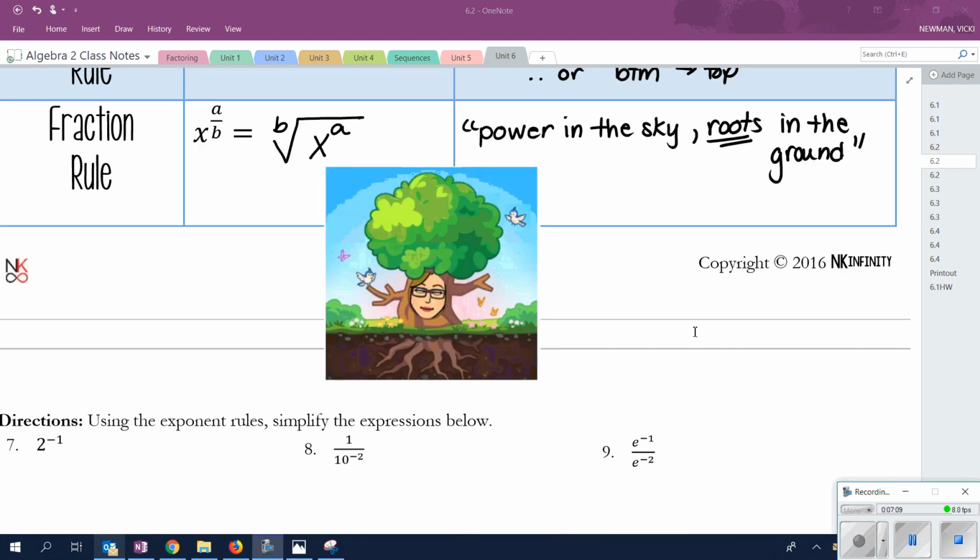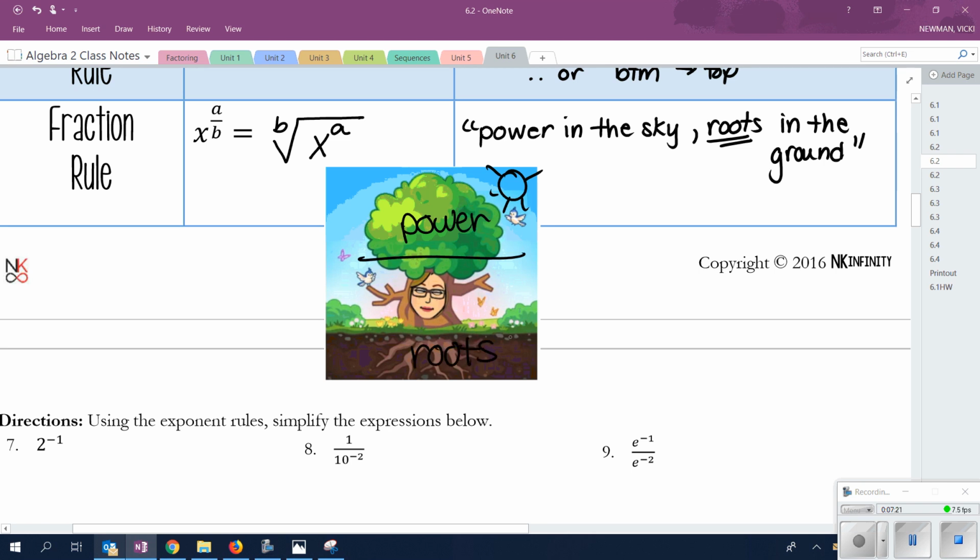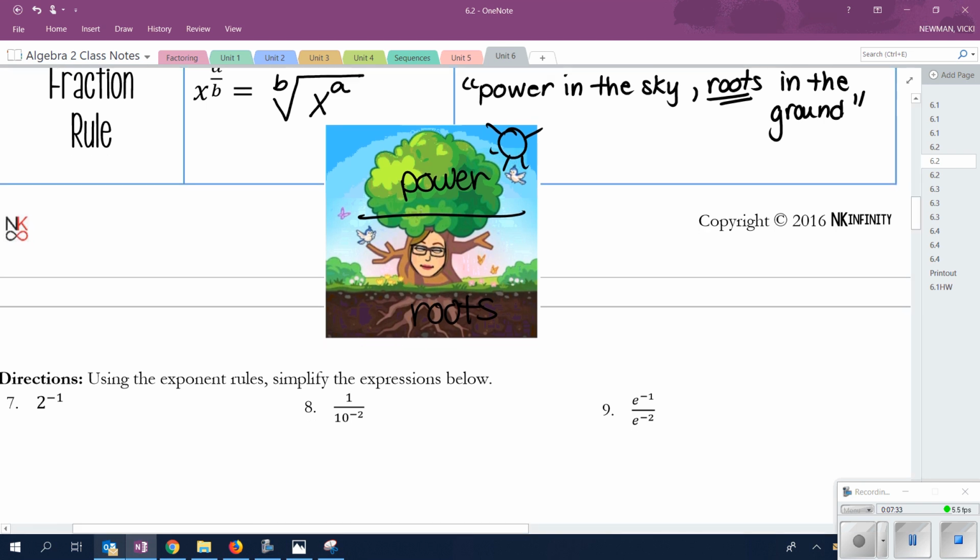So, there we go. The sun gives the tree its power, so that's the numerator, and the roots are in the ground, so it's the denominator. Get it? Power in the sky, roots in the ground. Look how happy I am in that tree. There's a bird and some butterflies.